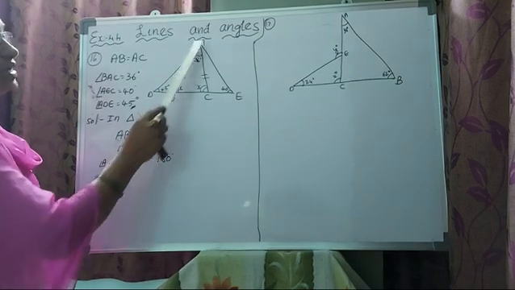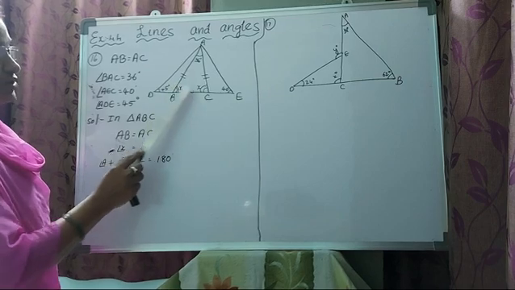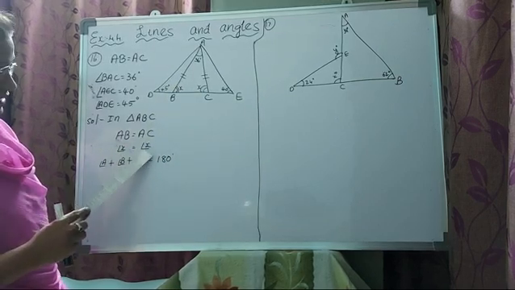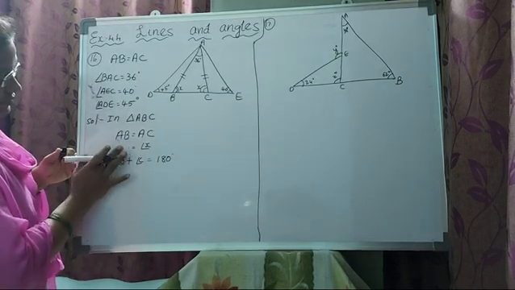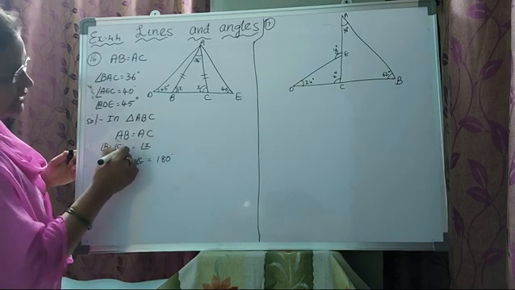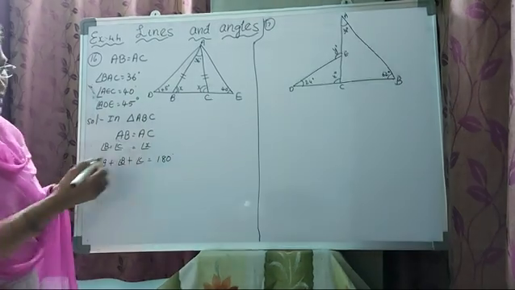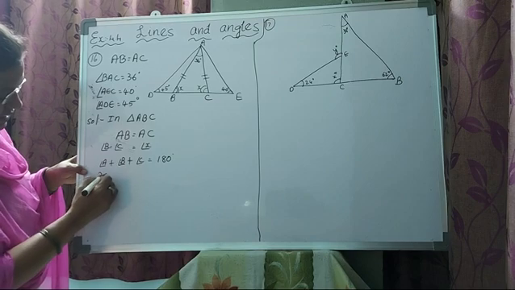If two sides are equal, their corresponding angles are also equal. Angle B and angle C are also equal, that is equal to X. Angle B equals angle C equals angle X. We assumed that it has angle X. So what is angle A? 36 degrees.